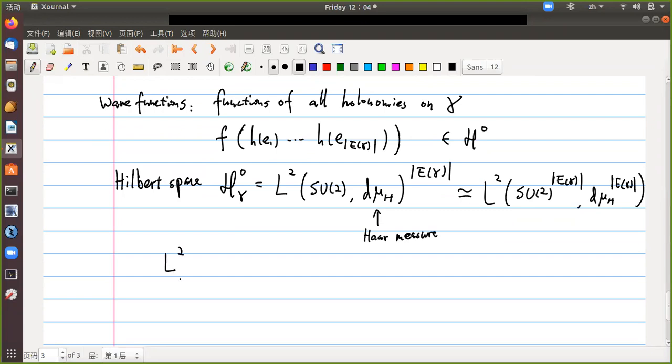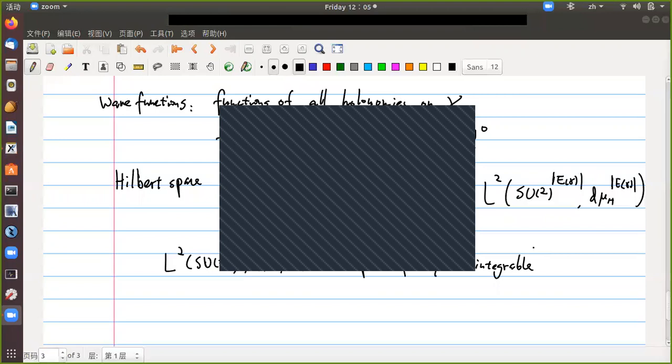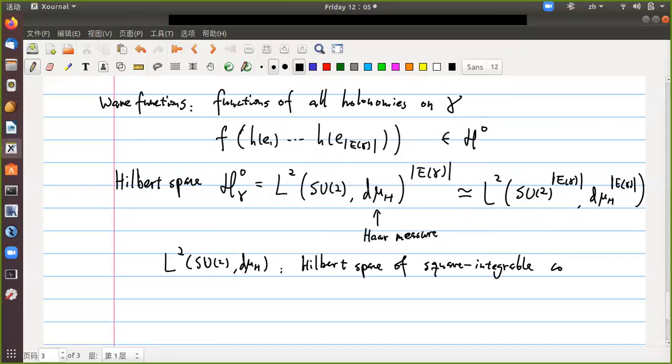So L2 of SU2 with d mu H is the Hilbert space of square integrable complex valued functions on SU2.